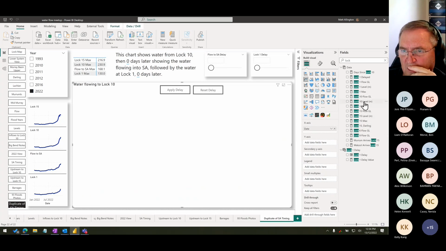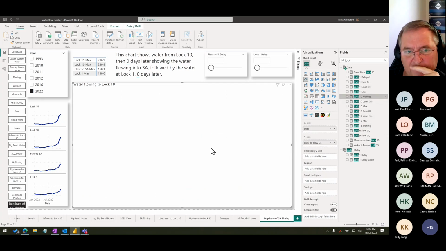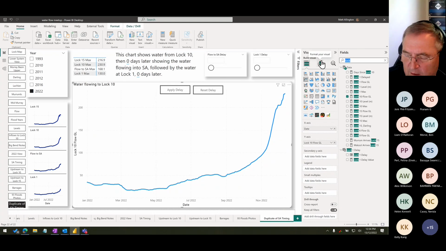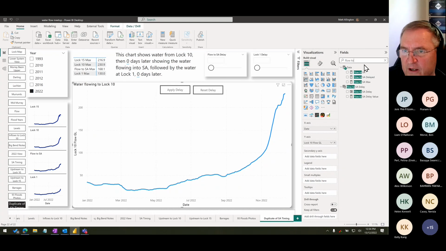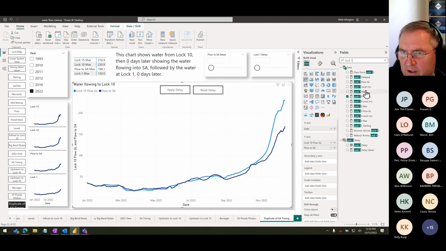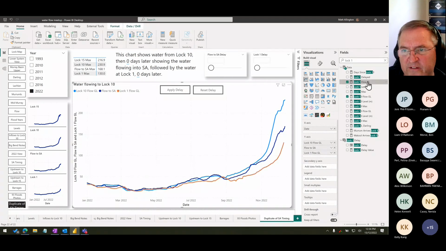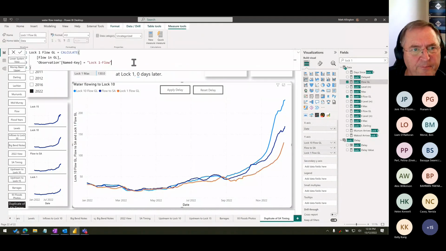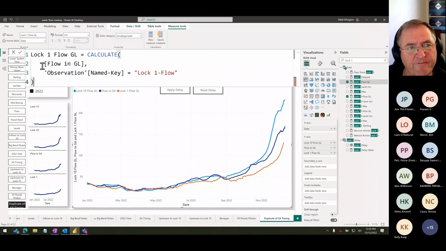I've got one called lock 10 flow in gigalitres. Then if I bring flow to SA, I've got another one, and I'll bring in lock 1. I'll show you these measures in a sec. So lock 1 flow is just a simple measure. I've got a generic measure that is just the flow.